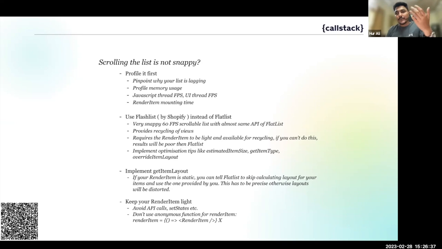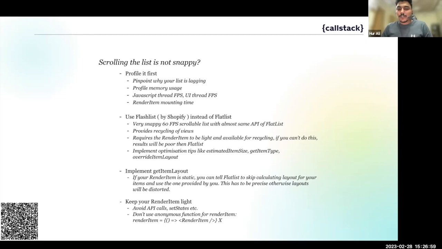It requires some knowledge of the platform to be able to get this specific prop right, but we will all get through to that. Okay, so that was about the FlashList.